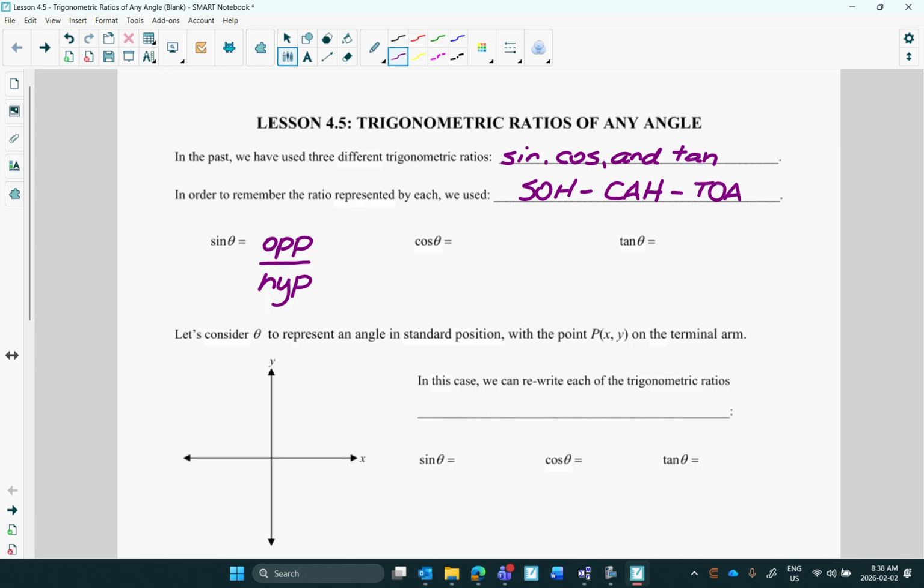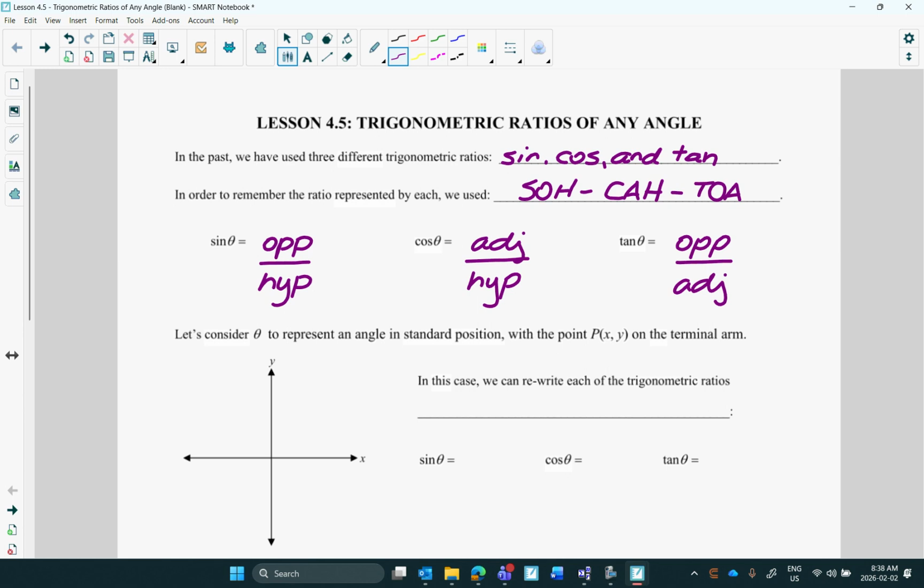And the cosine of an angle is always the measure of the adjacent side over the length of the hypotenuse. And then the tan of an angle is the ratio of its opposite side over its adjacent side. Okay?